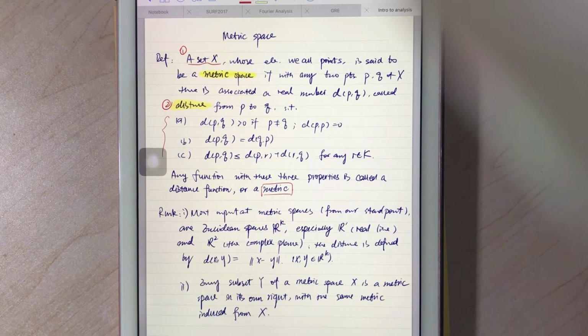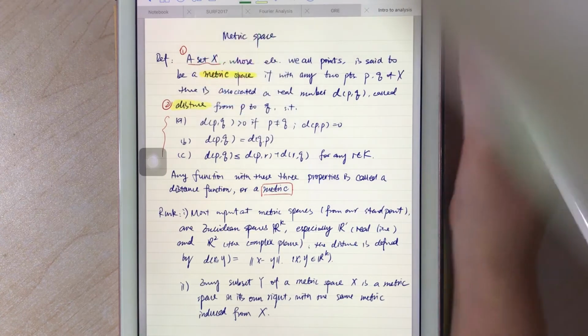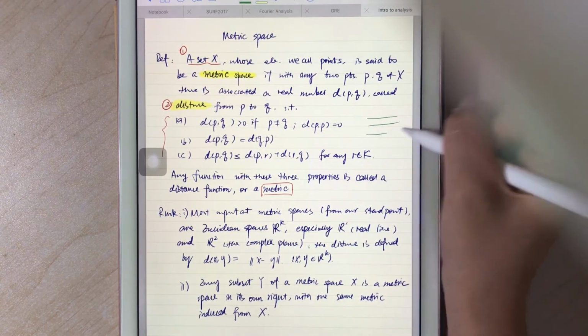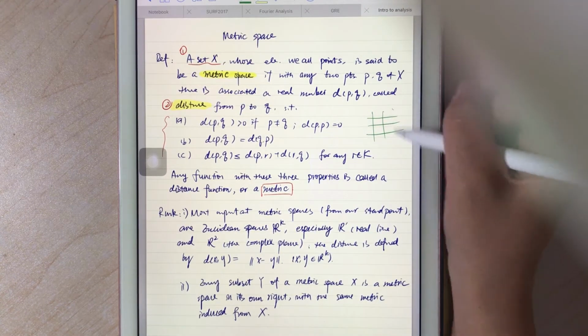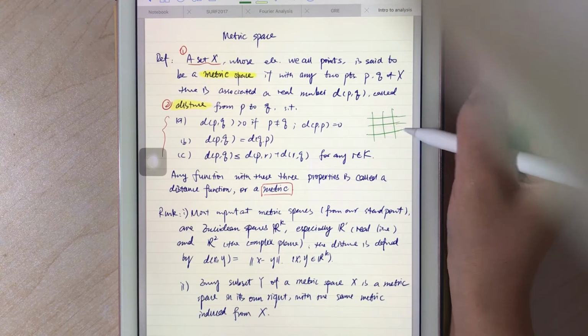You only calculate the horizontal and the vertical distance between two points.